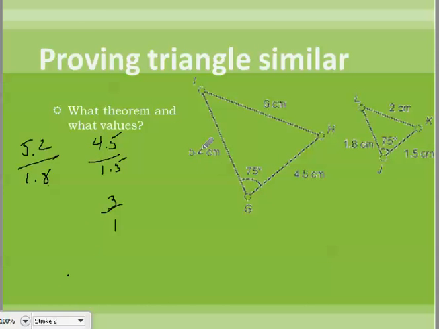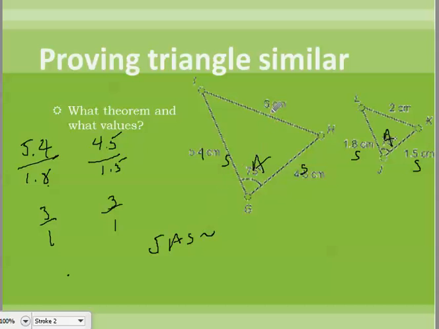So this must be a 5.4. I can't read my own problems here. 5.4 over 1.8, so this is a 3 over 1. And we've got this side in ratio to this side, and this side is in ratio to this side. And this angle is the same as this angle there. So I must be using side, angle, side similarity to say these two triangles are similar to each other.